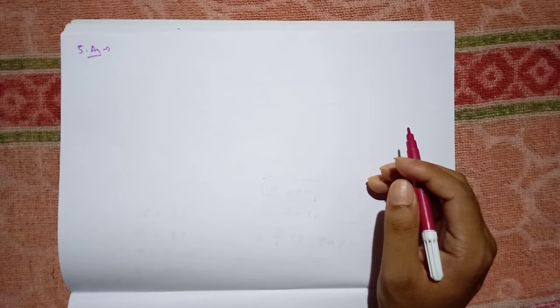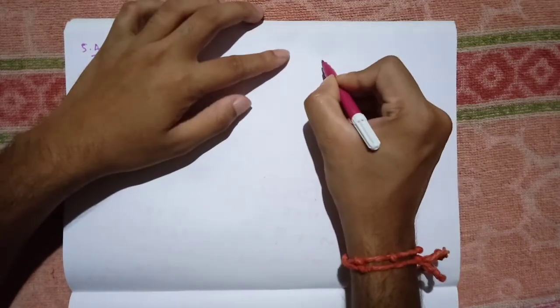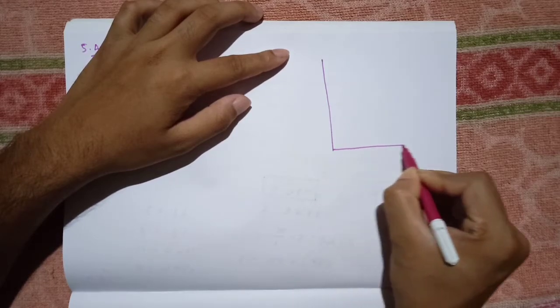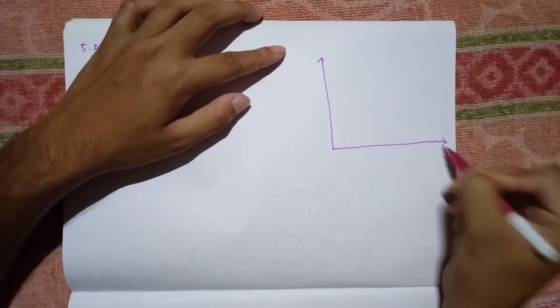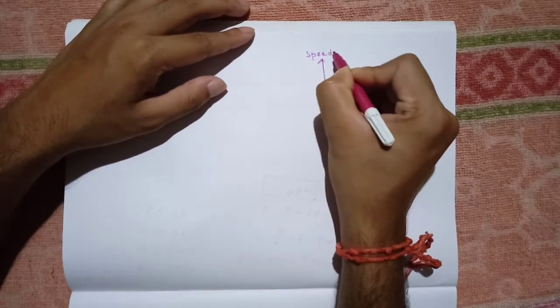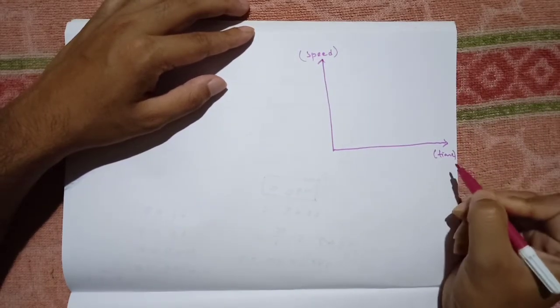So on the same graph paper, plot the speed versus time graph. So let us plot the speed versus time graph. This is the speed and this will be the time graph.